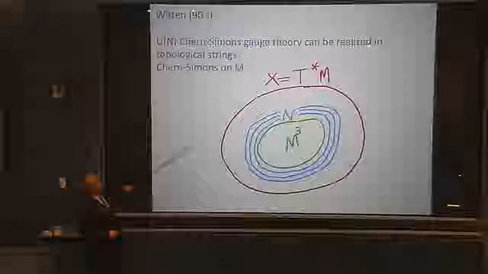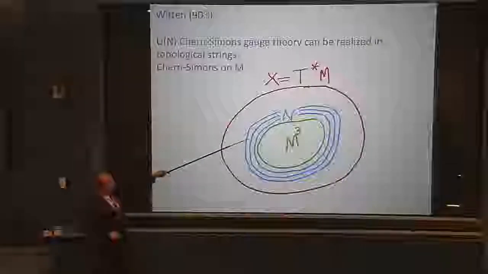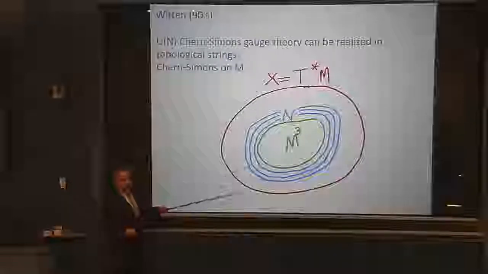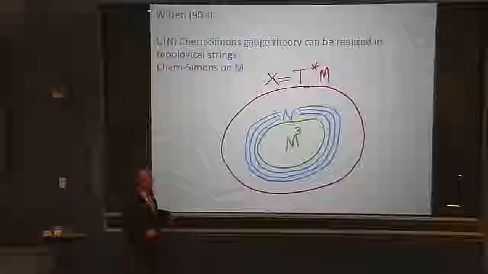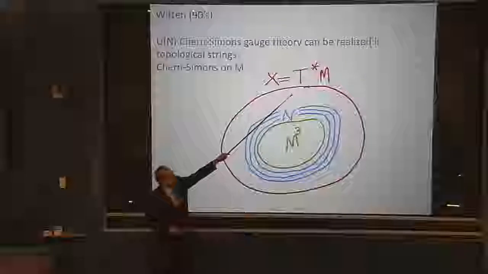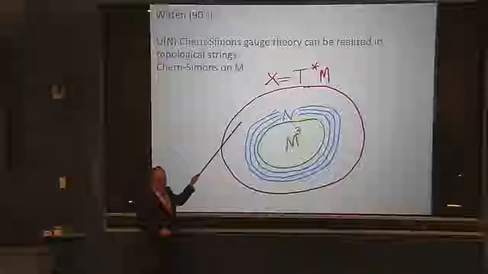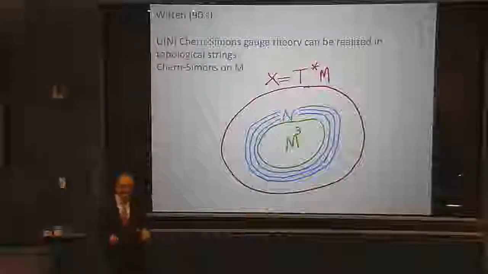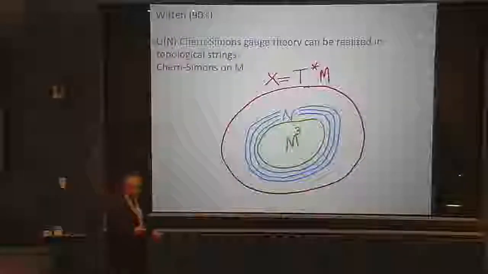And in the context of Chern-Simons theory, independently Witten in the 90s found that you can realize Chern-Simons theory in this way. Namely, you can think about Chern-Simons theory as what you get in open topological strings. If you're interested in Chern-Simons theory on M3, you consider the manifold cotangent of M3. You put n D-branes, n Lagrangian branes, around M3, and you do the perturbation theory. And the theory that you get is the same perturbation expansion as Chern-Simons theory. So Chern-Simons theory is a string theory.